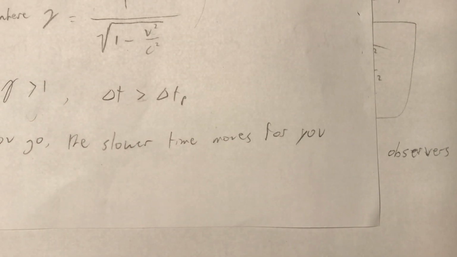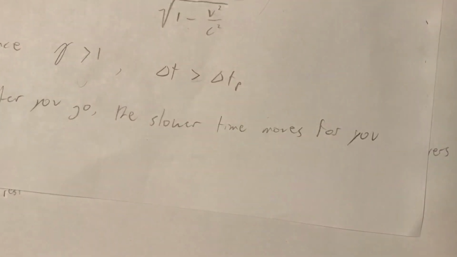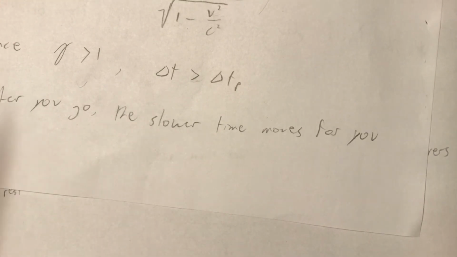So this is actually a mathematically and experimentally proven method of time travel. If you were to go out into space, travel very close to the speed of light and come back, Earth would be a lot more advanced than it was when you had left.